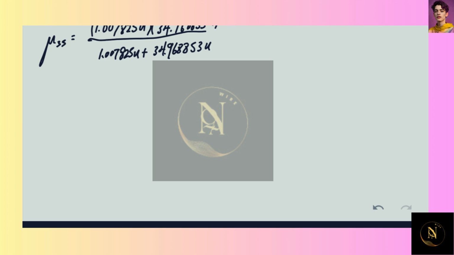This will be in terms of atomic mass units, since we have u squared at the numerator but only u at the denominator, so we have to convert this into kilograms. This is the conversion factor.